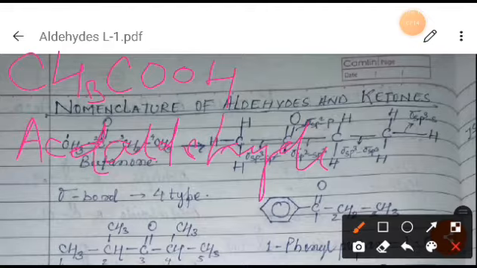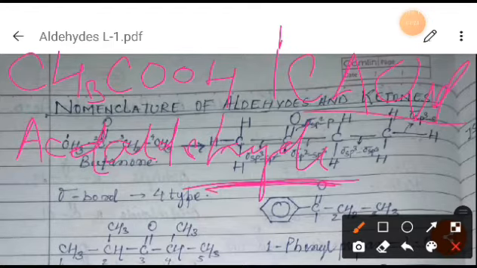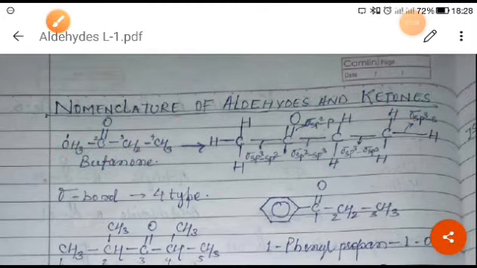So as you can see, in acetic acid, in the place of IC acid we have used aldehyde, and for acetic acid we can write acetaldehyde.